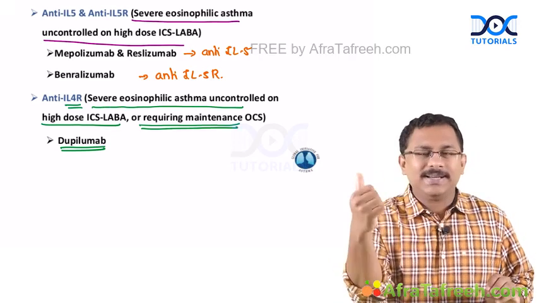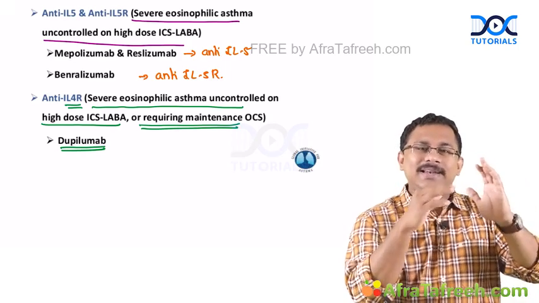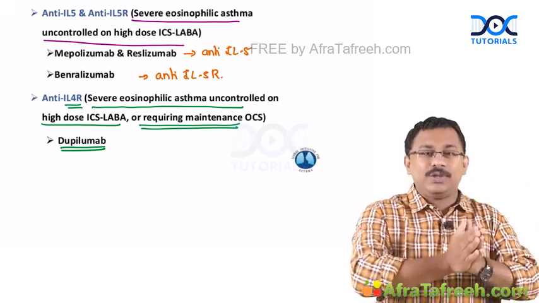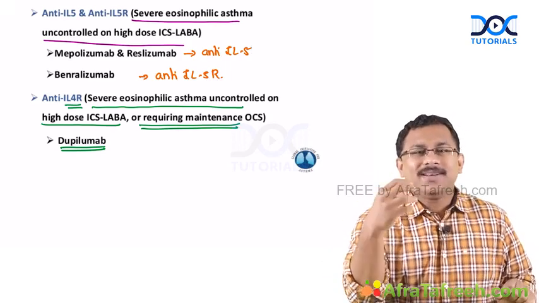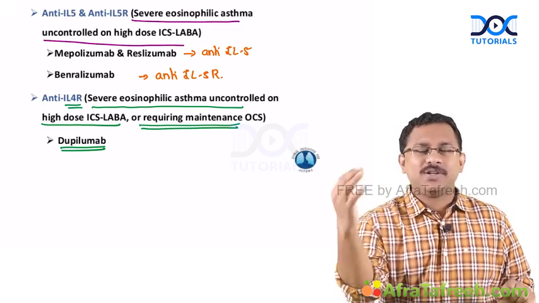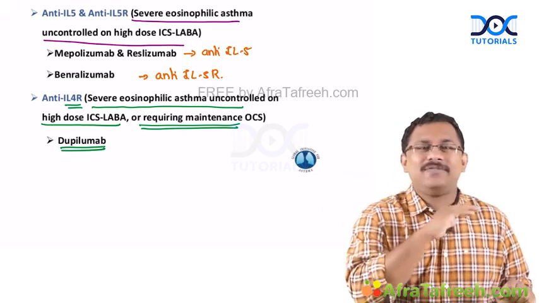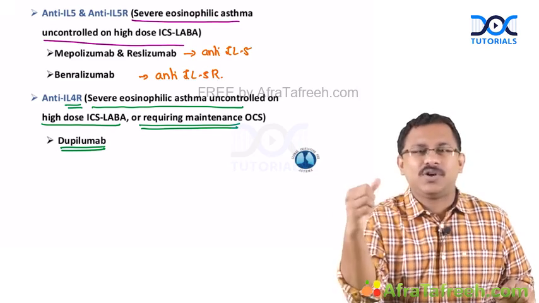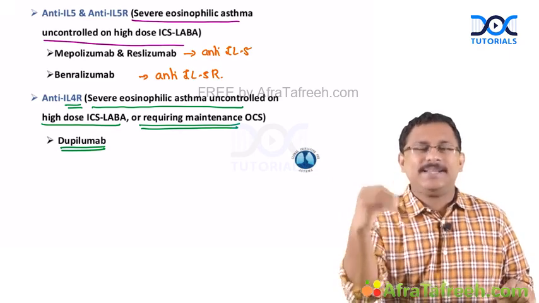Because when we discuss asthma management, we will understand that certain individuals with, say, severe asthma might require maintenance oral corticosteroids. And you know that it is not always good to have long-term oral corticosteroids for a patient because it has its own adverse effects.